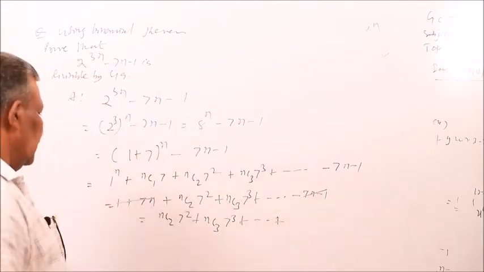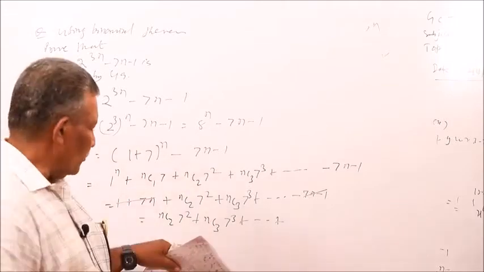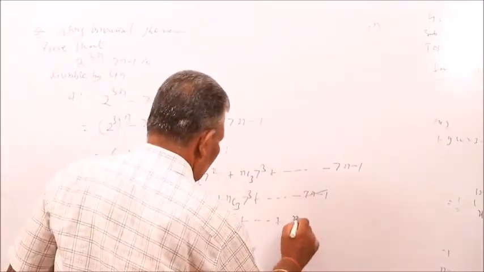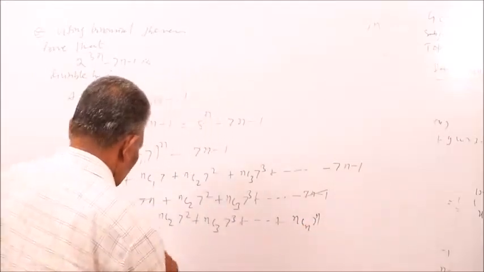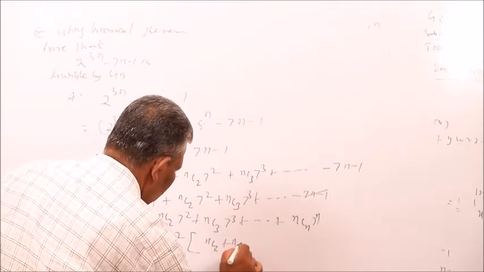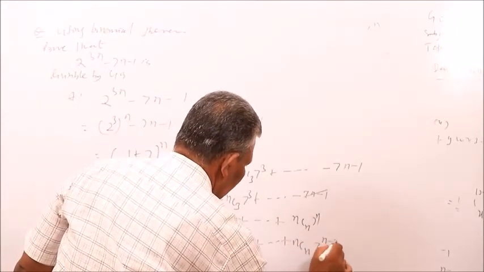And can you please tell me what is the common factor from all these terms? Your last term will be NCn 7 to the power n, so taking 7 square common: NC2 plus NC3 7 plus NCn 7 to the power n minus 2.